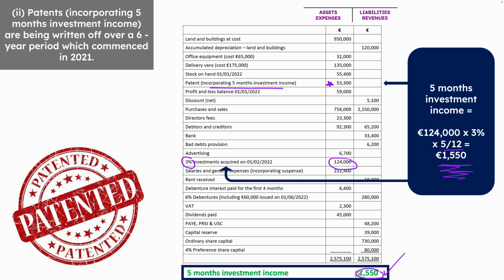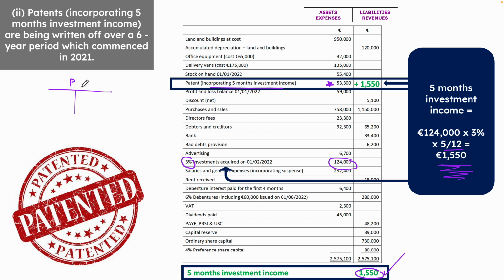So if we're adding to the credit side, we also have to add to the debit side. If you imagine the patent account, the patent was minding its own business here on the debit side, but then investment income of 1,550 went into that account, which is completely wrong. So for us to fix this, we'll just get rid of it by entering it on the other side as well, and that just means that you're cancelling that out. So you're adding 1,550 to the debit side as well there.